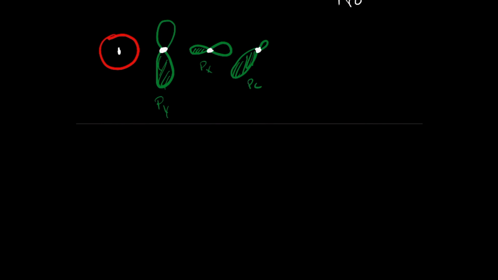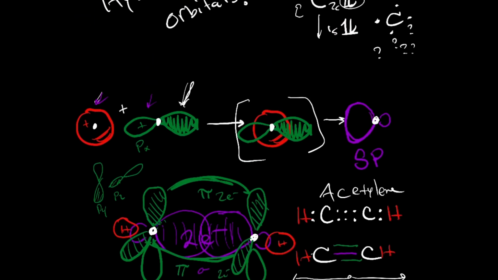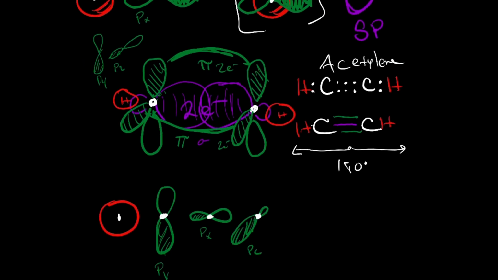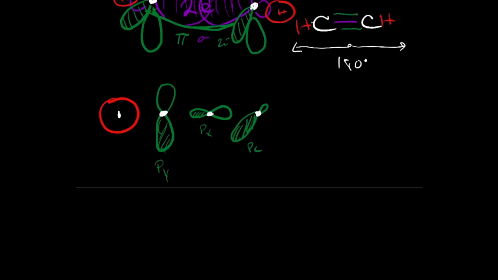So we know by looking at that spinny little GIF up here, 109.5. So when you combine all these things together, you end up with something that looks like this.